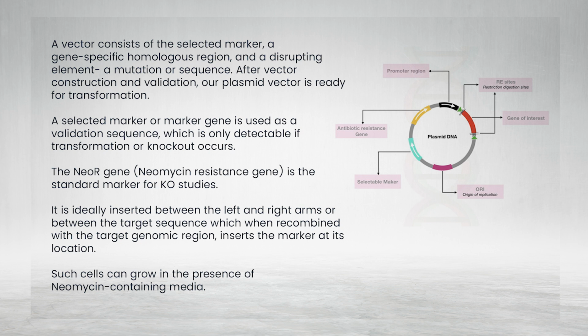The NEO-R gene, that is neomycin resistance gene, is the standard marker which is used for knockout studies. It is ideally inserted between the left and right arms or between the target sequence, which when recombined with the target genomic region inserts the marker at its location. Such cells can easily grow in the presence of neomycin containing media.